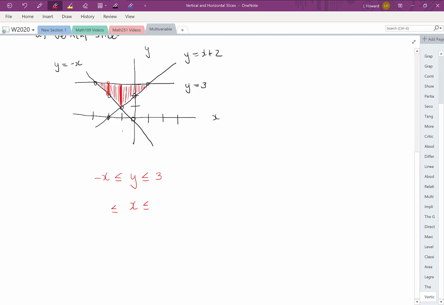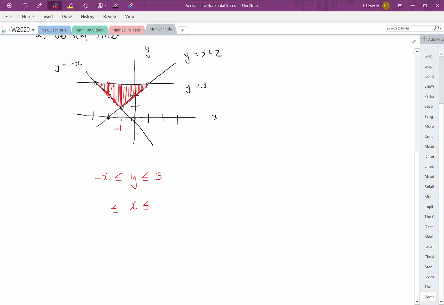Because at this point, where x equaled -1, the bottom line changes. In the left part of the diagram, the bottom line is y equal -x. And then on the right side of this region R, it's actually the line y equal x plus 2 that's forming the bottom boundary.